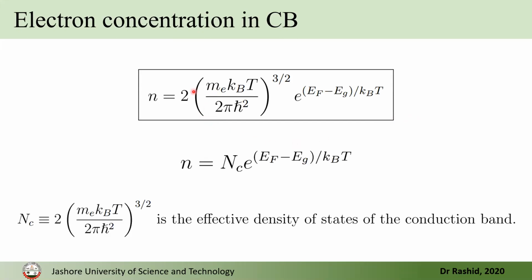Here this term is also called the effective density of states of the conduction band, and with this NC, the concentration of electrons in the conduction band is written like this. So this is the expression of the concentration of electrons in the conduction band.